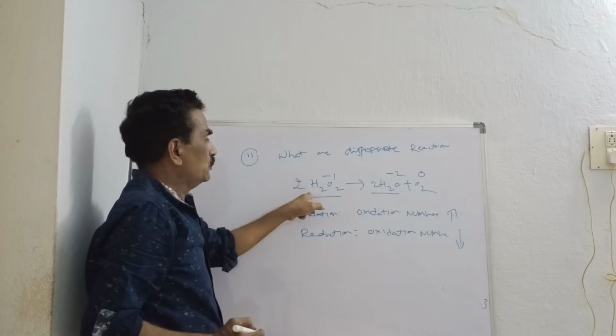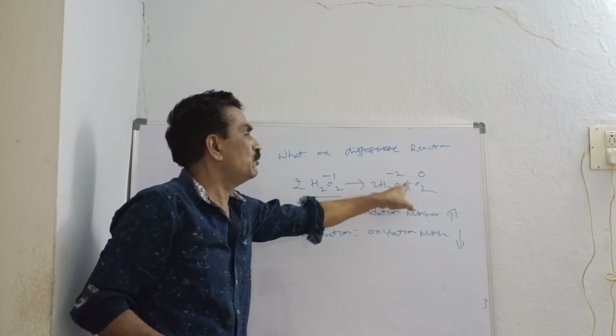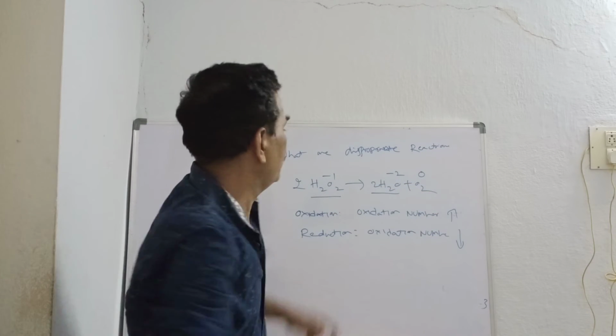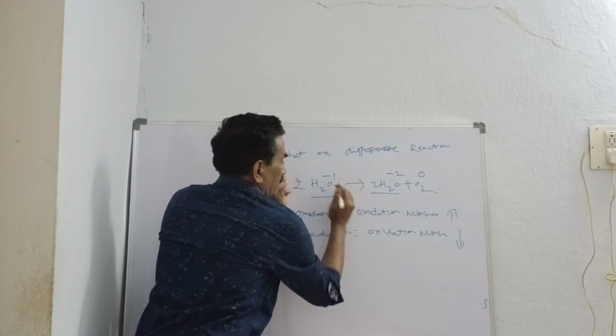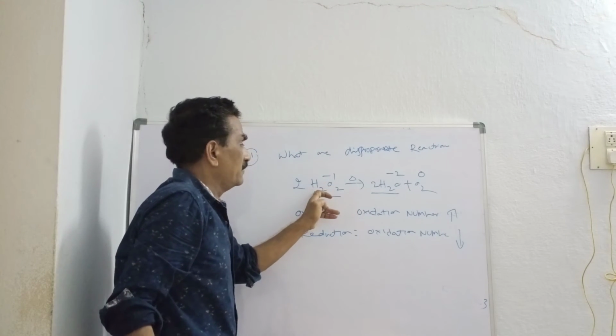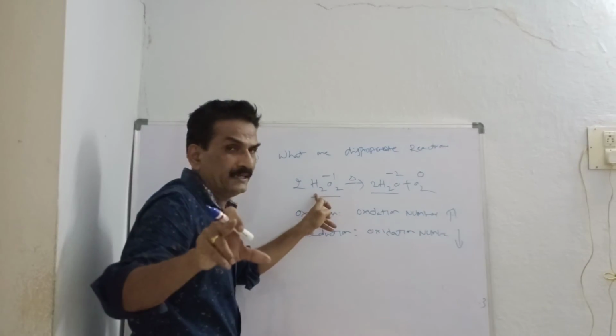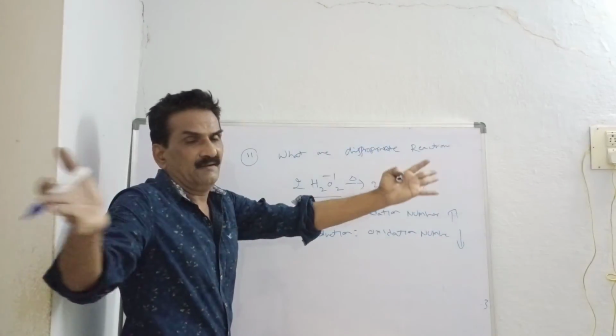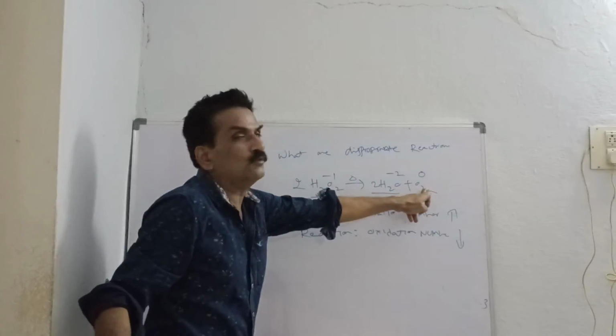You see, 2H2O2 gives 2H2O plus O2. Hydrogen peroxide, if it undergoes heating, what happens? When H2O2 undergoes heating, it decomposes, splitting into H2O and O2.